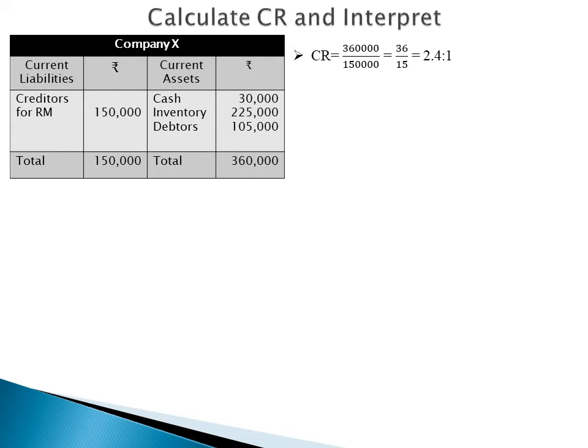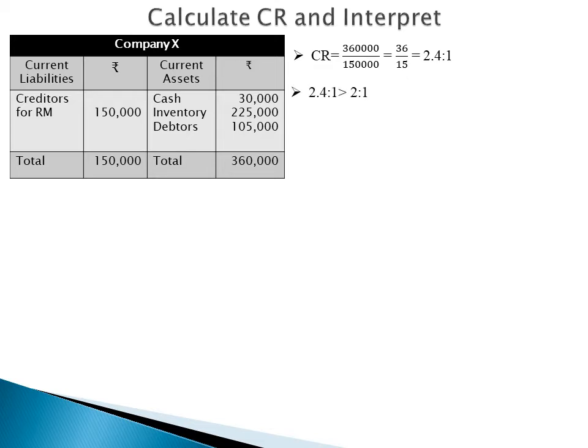Now we don't have any information about past ratios of this firm or any other firm to compare this ratio with. So we are going to compare this ratio with the standard ratio, which is 2:1.